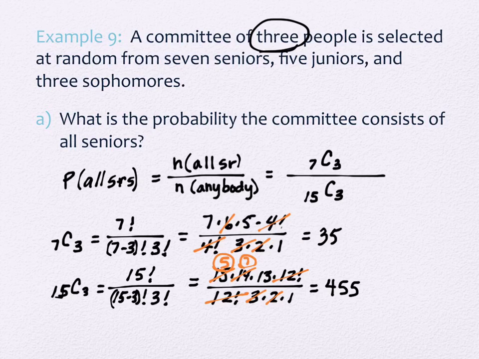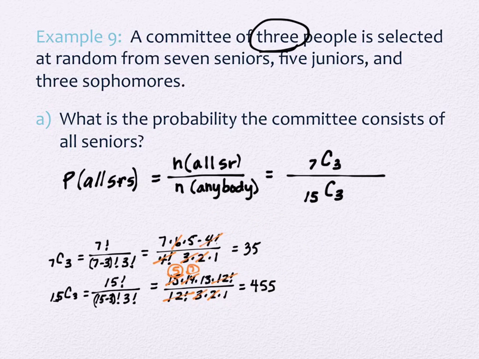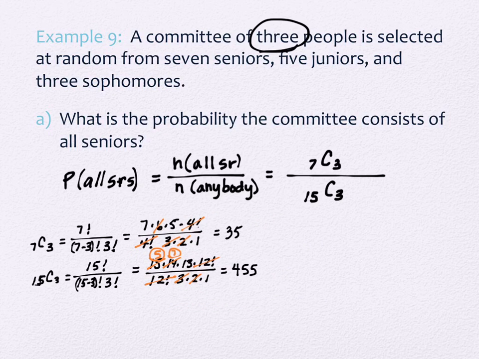All right, so there's all that work over there, written super tiny now. And up here, what is 7C3? 35. And what is 15C3? 455. You can either simplify that in fraction form or simplify to a decimal form.